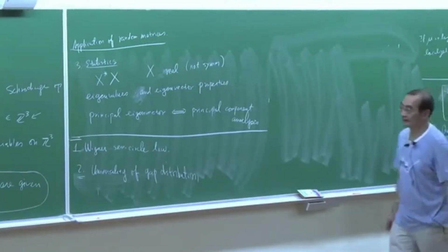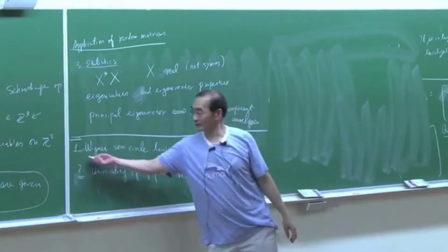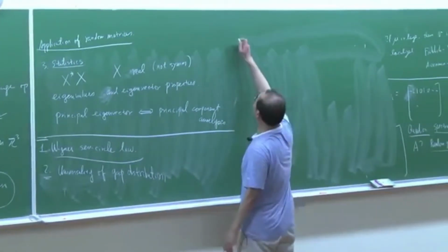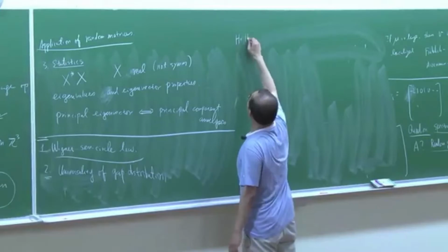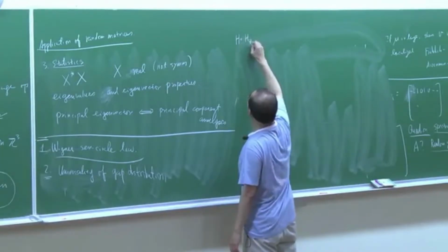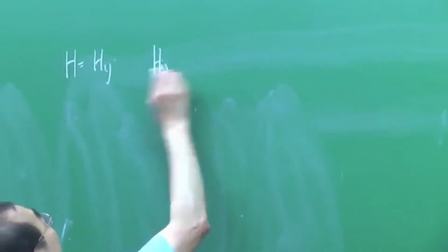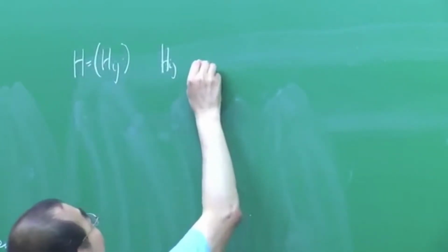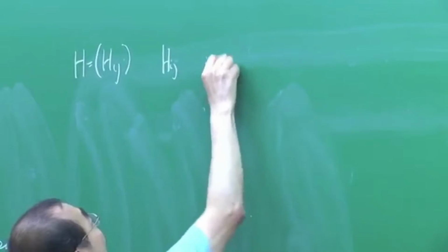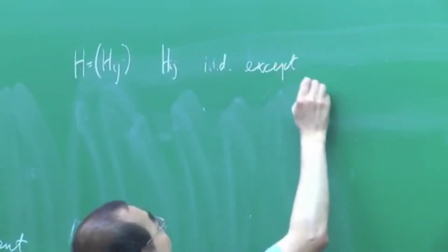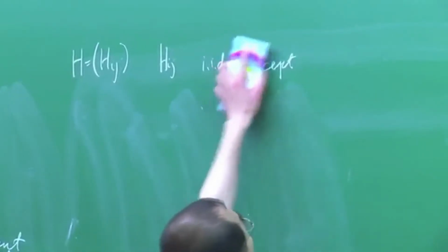The semicircle law was really proved by Wigner. So what you do is the following. You take a matrix H equal to h_ij, and these h_ij are IID, up to symmetries.